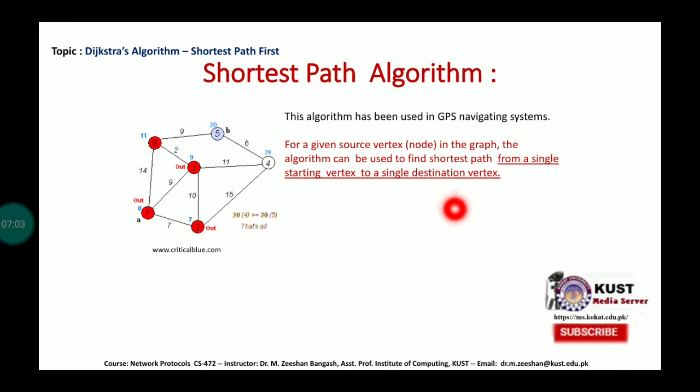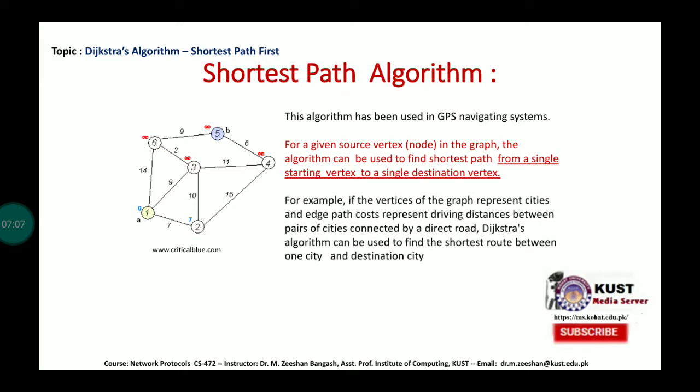As I have already told, the vertices in the graph represent different cities, and the edges represent the distance between the connecting cities. So the Dijkstra algorithm is used to calculate the suitable and the shortest path between one city and the destination city.